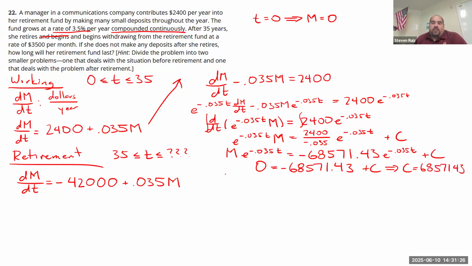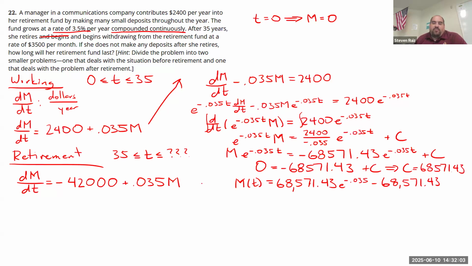So c will equal 68,571.43. So the equation here is going to be M of t is equal to 68,571.43 e to the negative 0.035 minus 68,571.43.